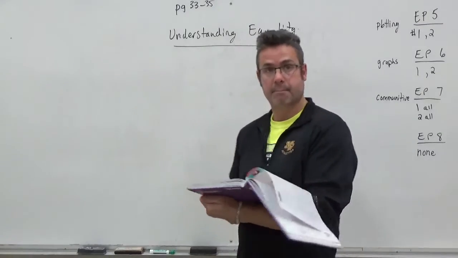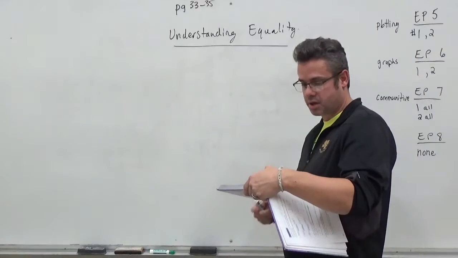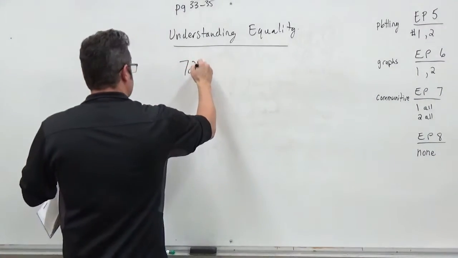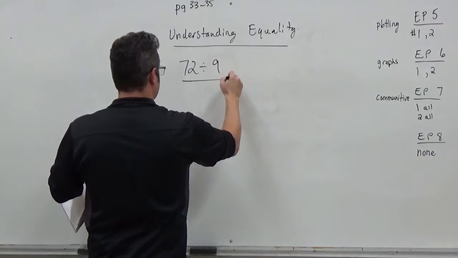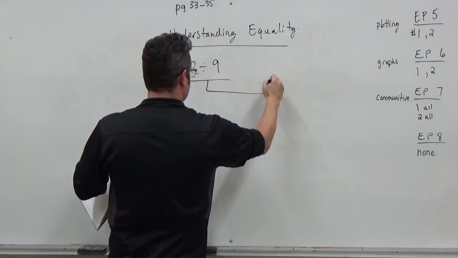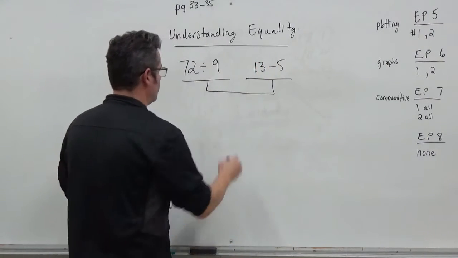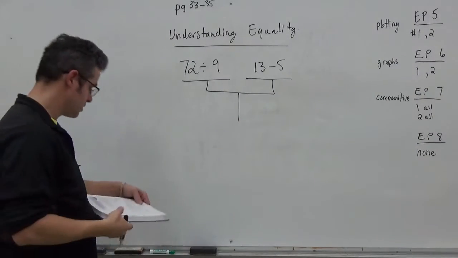So, in order to be able to balance equations, question number 1 has 72 divided by 9 and 13 minus 5. And it asks if those two equations are balanced.